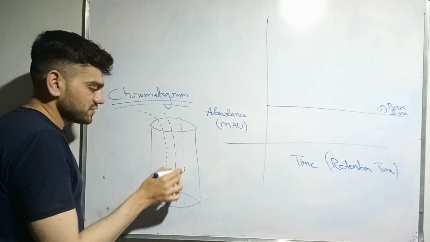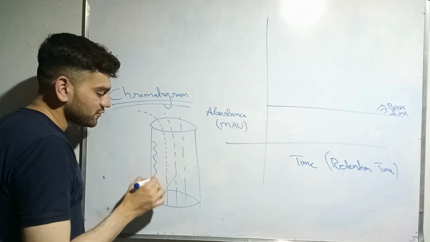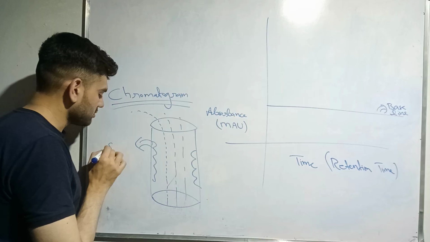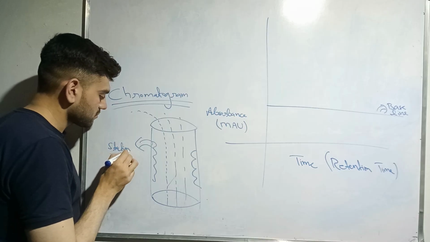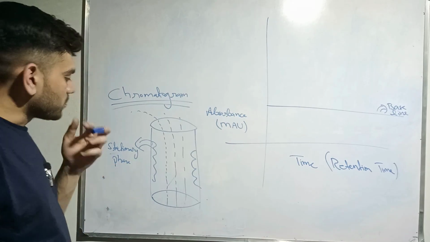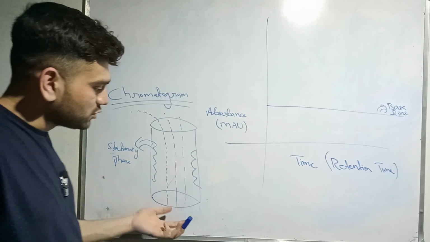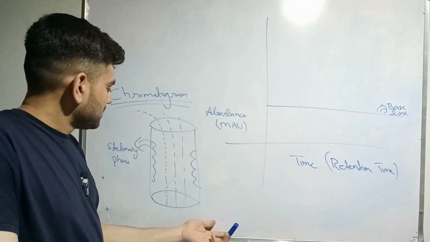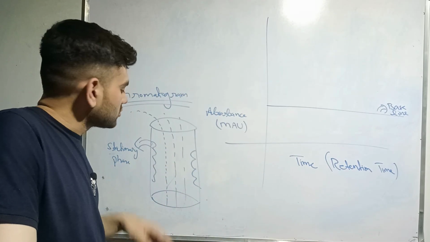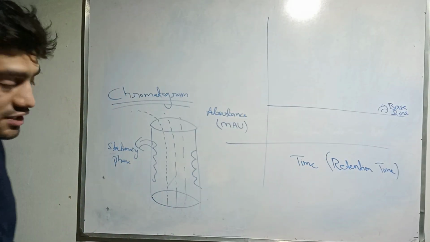Then each component of the sample shows different affinity with the stationary phase present in the HPLC column. So each component will elute at a different time as compared to other components, so each component shows a different retention time.